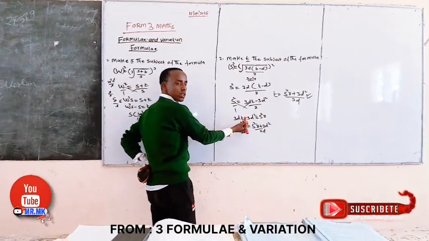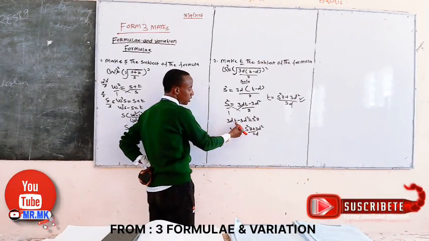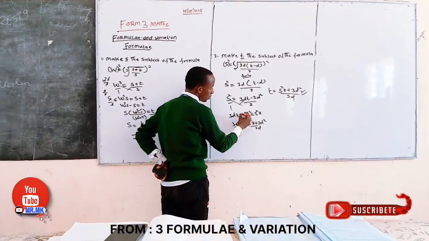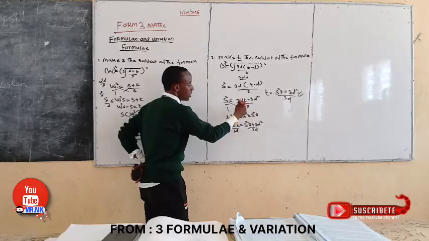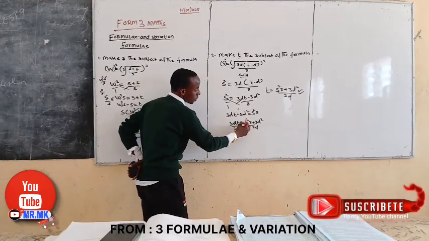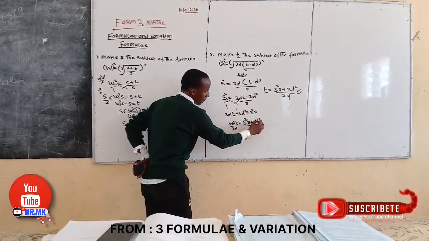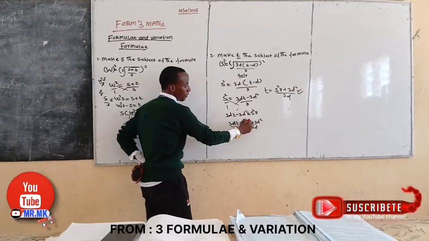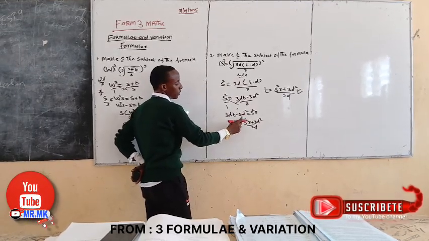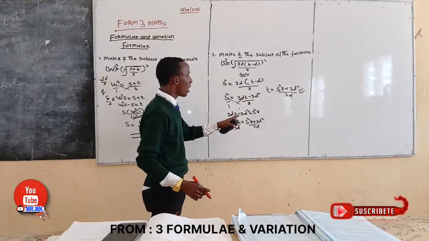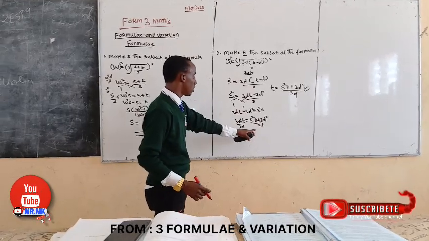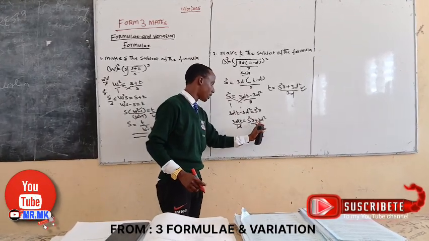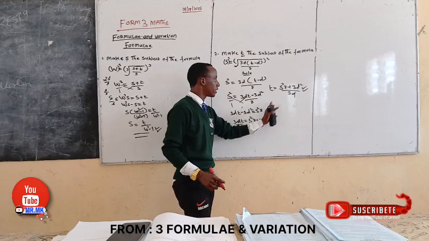If you want to remain with this 3dt, you just take this one, 3d square, to the other side. 3dt is equal to s square 8 plus 3d square. I want to remain with t alone, so divide by 3d. You remain with t is equal to s square 8 plus 3d square over 3d.